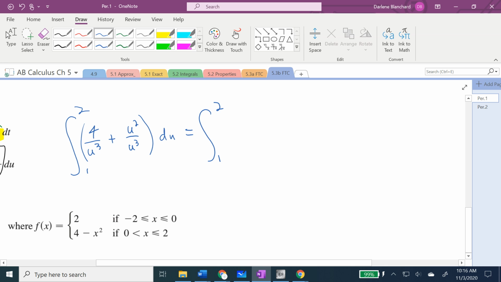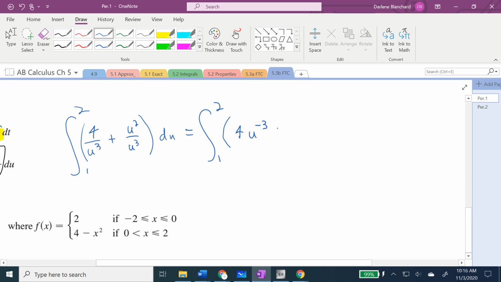When I prepare to integrate 4 divided by u cubed, I want to realize that I've got to use the power rule. And to see the power rule best, I'm going to rewrite it as 4 times u to the negative 3. The only time I don't use the power rule is if it was just a u to the 1 when it's simplified in the denominator.